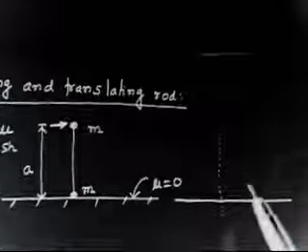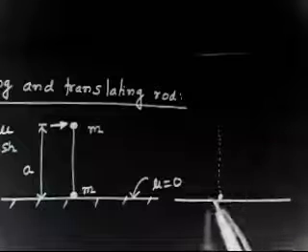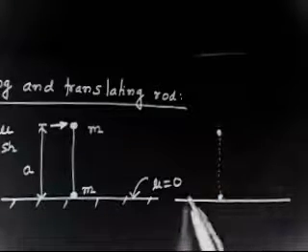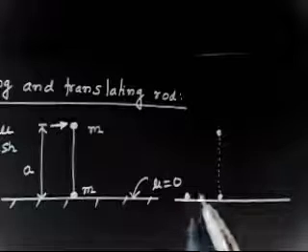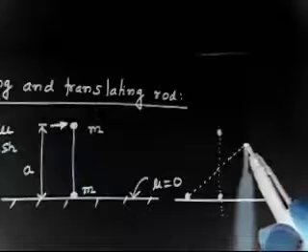After some time you will see this has moved in this direction. So initially the system is here. After some time you will see this system has moved in this direction, as well as rotated.